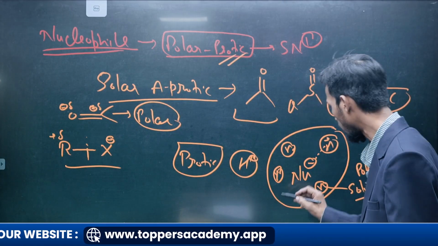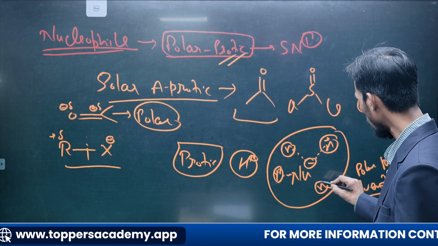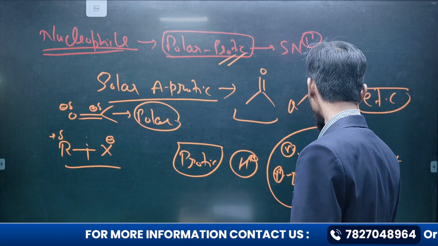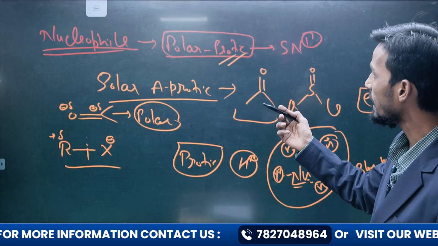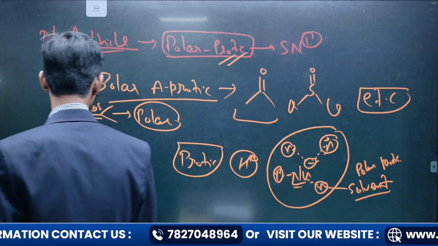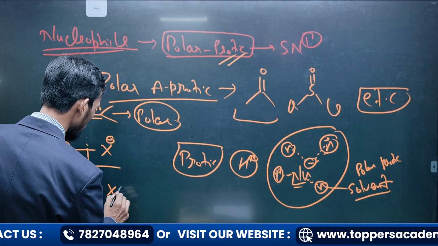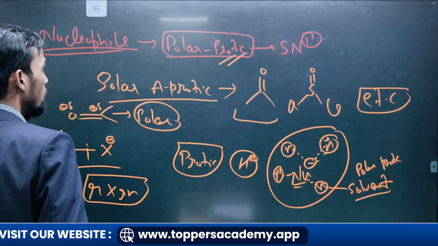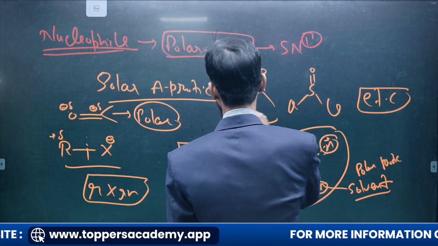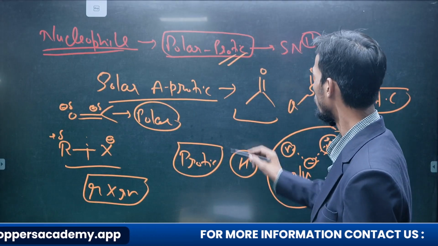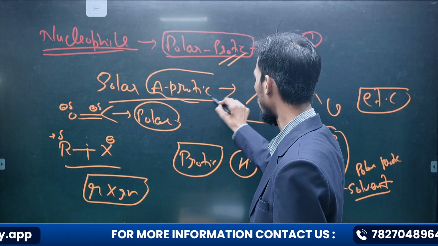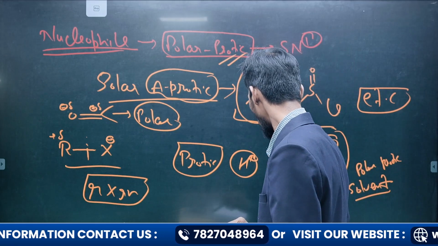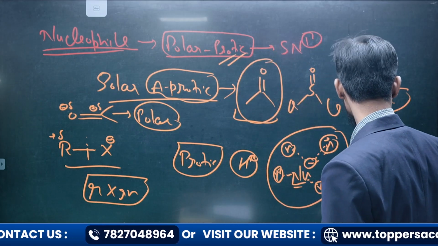Due to this, the nucleophilicity of the nucleophile will decrease, and overall the rate of reaction will decrease. That's why polar protic solvents are not preferable in the SN2 reaction. We prefer polar aprotic solvents, those that don't have H positive attached to an electronegative atom.